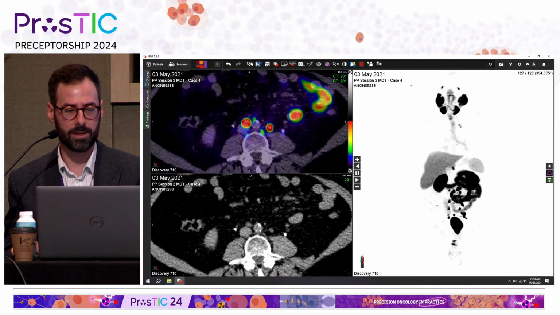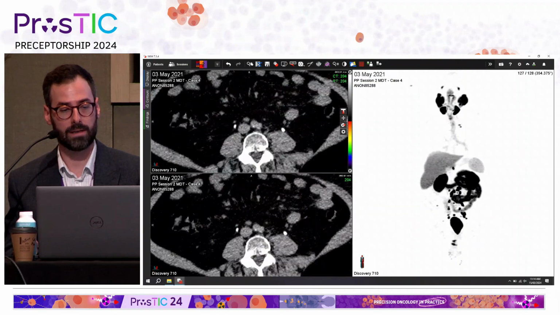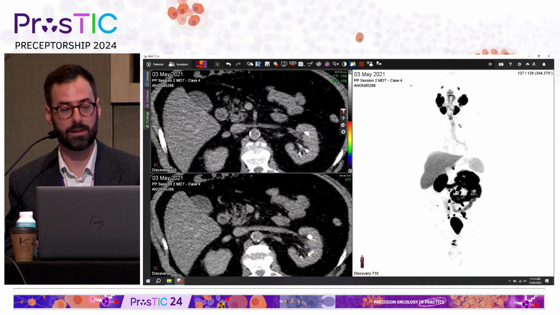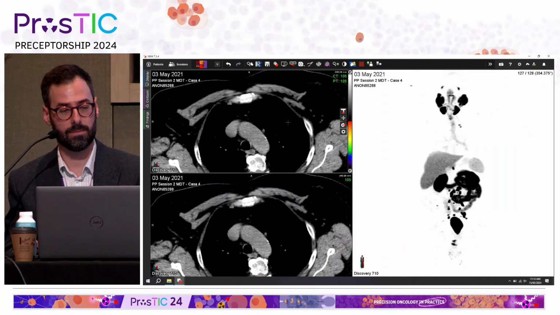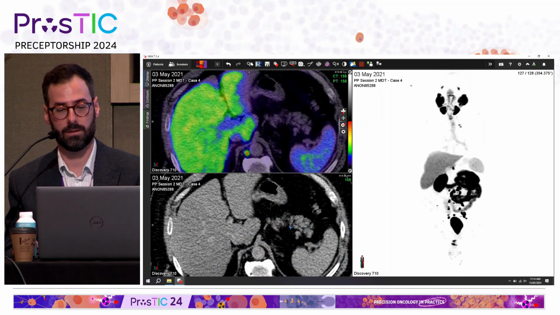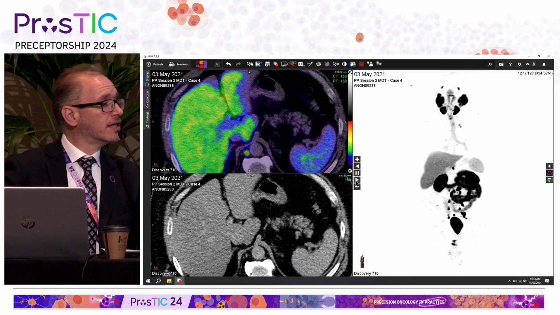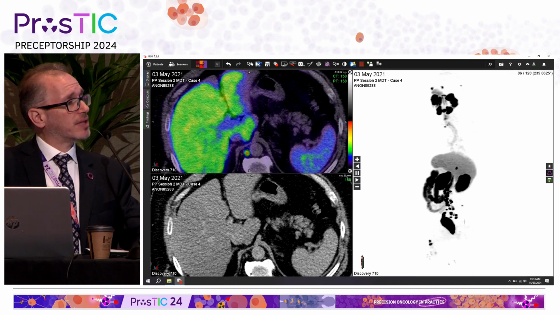Most of them, interestingly, are actually very small, below 1 centimeter, so nothing stands out. If repeat conventional imaging was done, I think the PSMA PET actually reveals quite a bit. It's quite a striking difference between the CT here, which has just tiny nodes, and the PSMA PET.